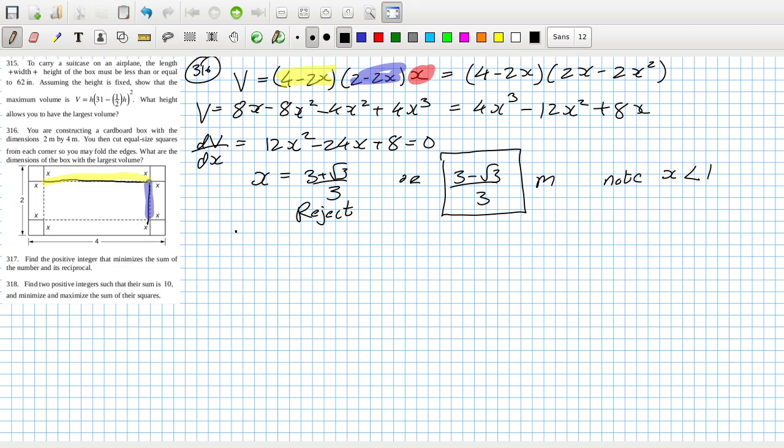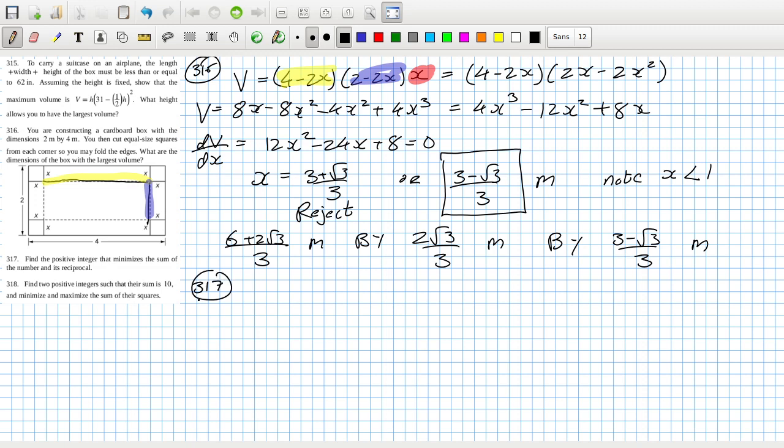So that would be 6 plus 2 root 3 over 3 meters by 2 root 3 over 3 meters by x, which is 3 minus root 3 over 3 meters. Okay. I think that's right. I just don't like it when I get certain answers like this. But I think that's it.